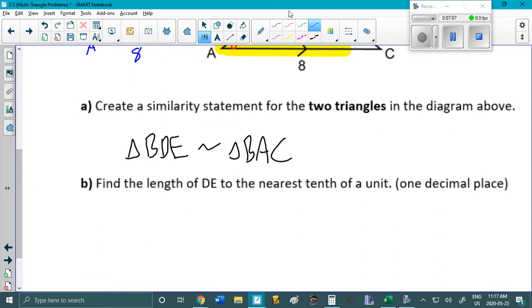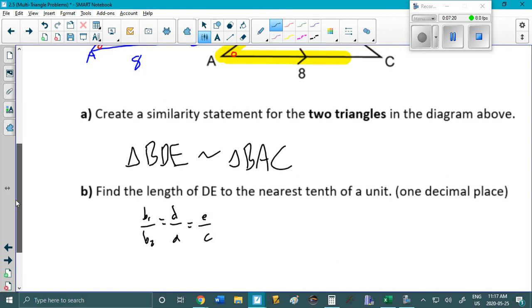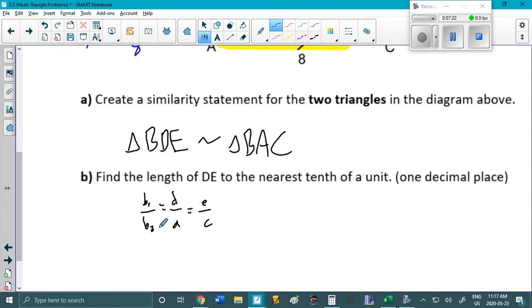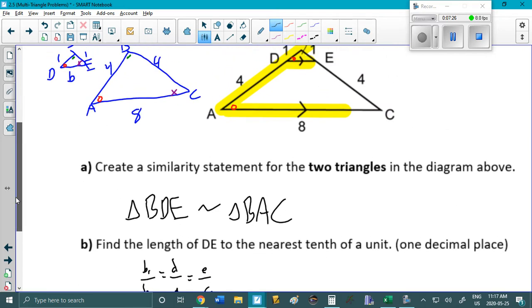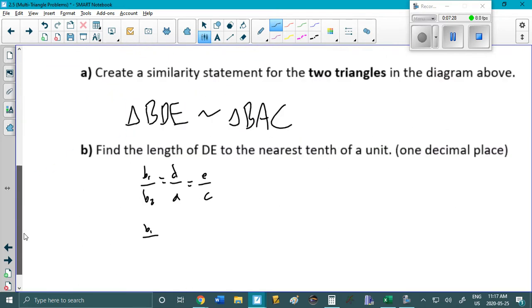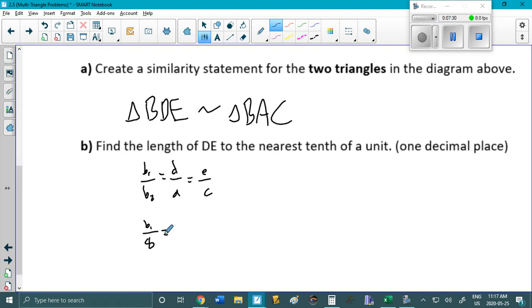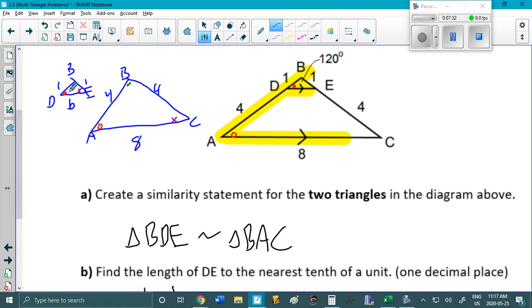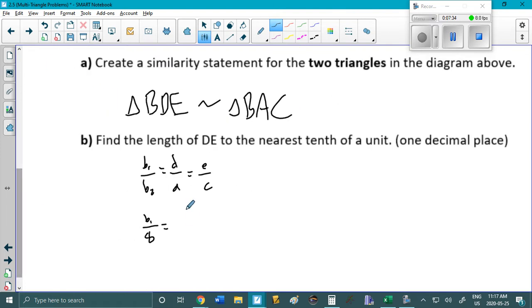Or you could actually solve it. So B1 over B2, remember I always give a 1 and a 2 if the letters are the same, is equal to D over A is equal to E over C. And now I'm going to plug everything in. B1 we don't know, so B1 over B2 is here, that's 8, equals D over A, so D over A is 1 over 4, and the other one's also 1 over 4.